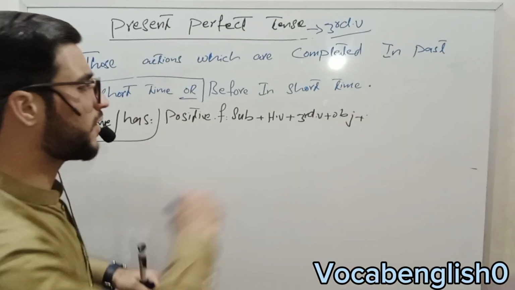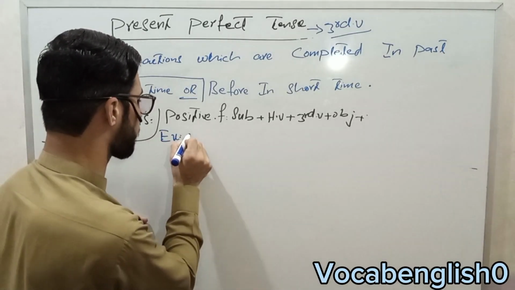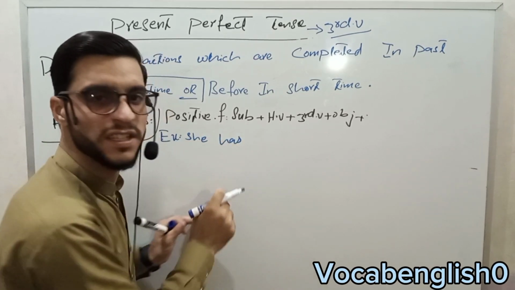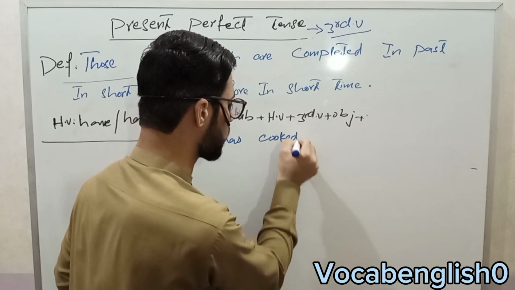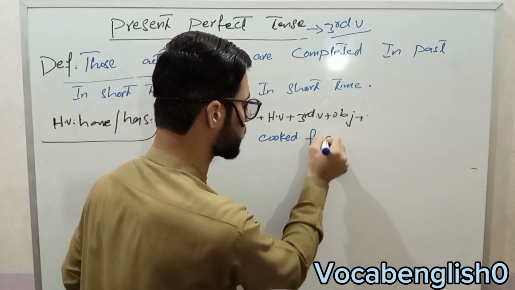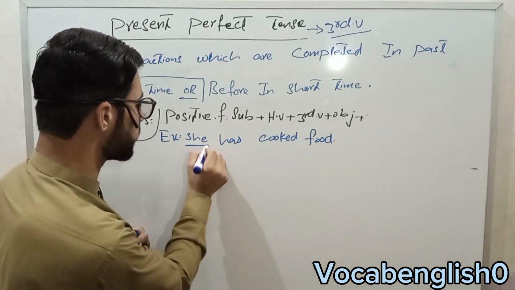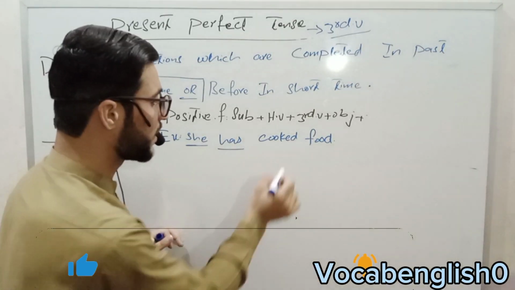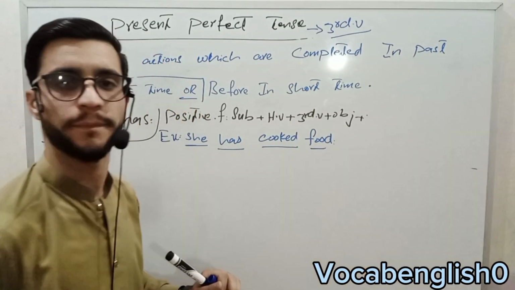Now the example of this: She has cooked food. Now she is our subject, has is the helping verb, cooked is the third form of verb, food is the object, plus full stop.